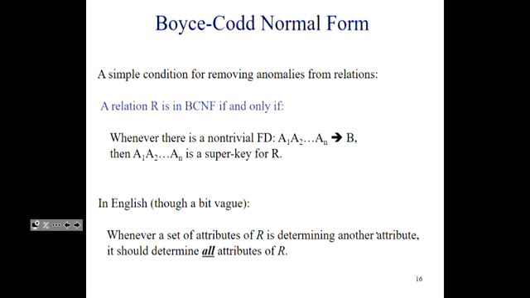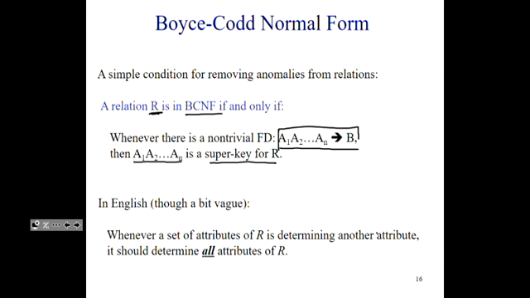Okay, so the Boyce-Codd normal form is actually very easy to understand and very intuitive. The Boyce-Codd normal form says that a relation R is in Boyce-Codd normal form if and only if whenever there is a non-trivial functional dependency A1 through AN implies B, then A1 through AN is a super key for R. So whenever there is a non-trivial functional dependency, the left-hand side of that functional dependency is a super key for the relation.